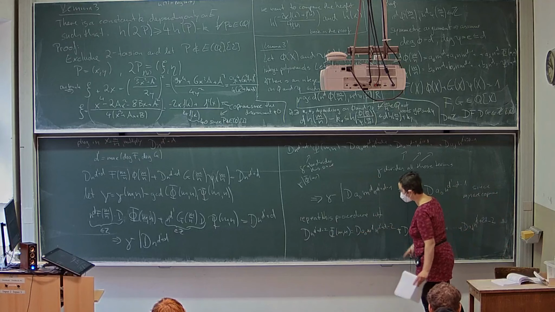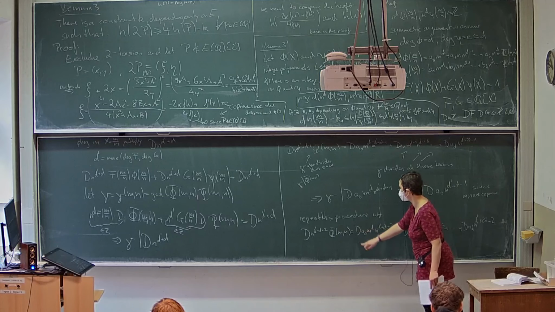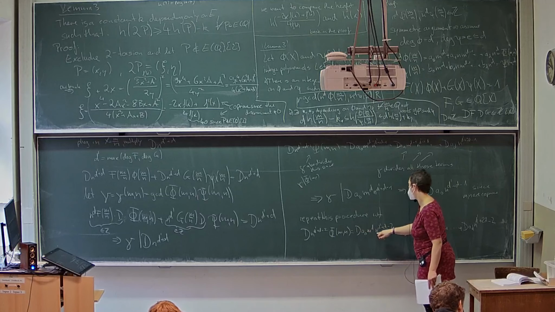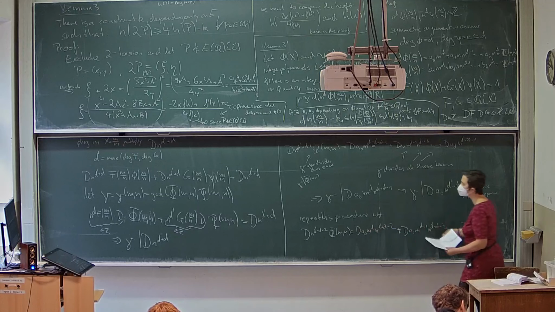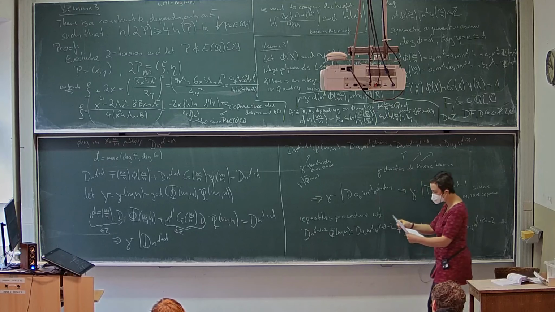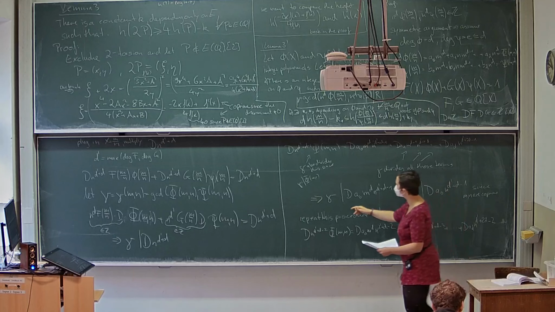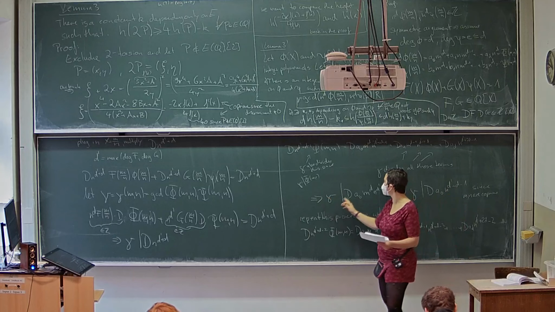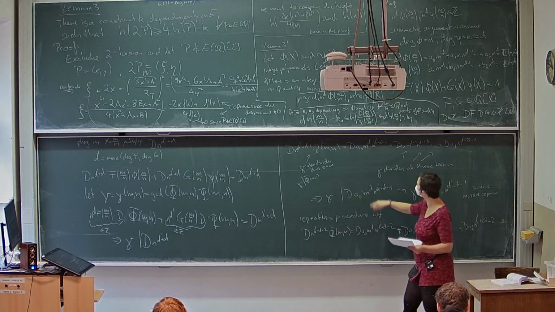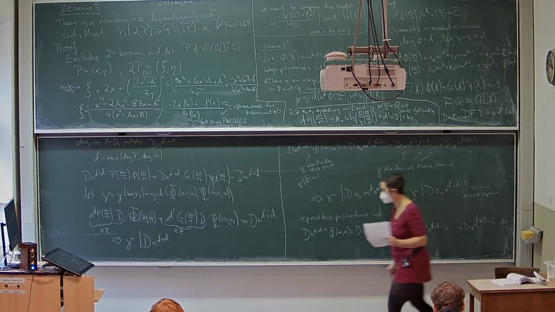And since m and n are co-prime, it also has to divide d times a0 times n to the d prime plus d minus 2. And we can repeat this d prime plus d times. And in the end, we get that gamma divides d times a0 to the power of d prime plus d.